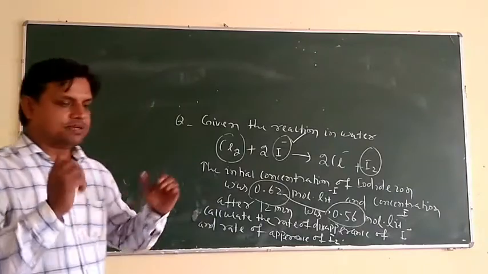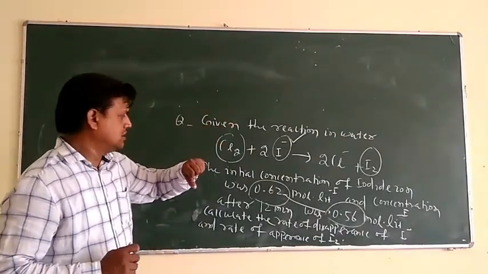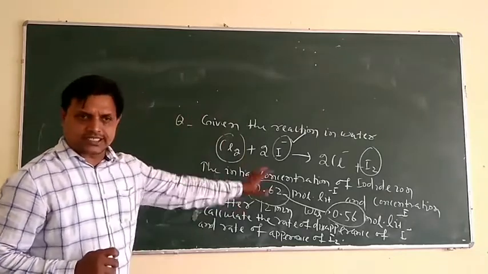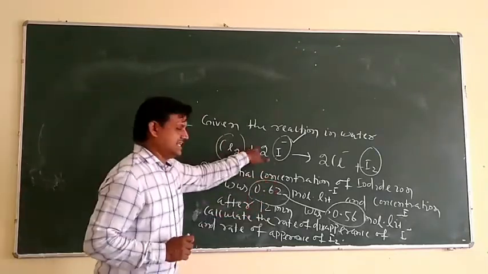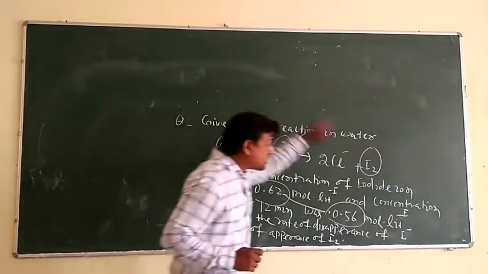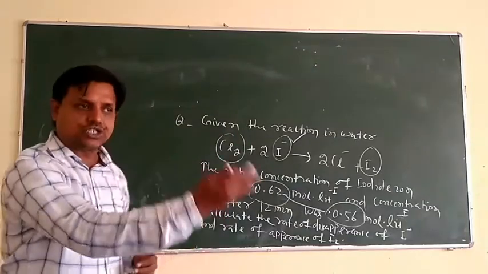In chemical kinetics, the term disappearance is for reactant and appearance is for product.